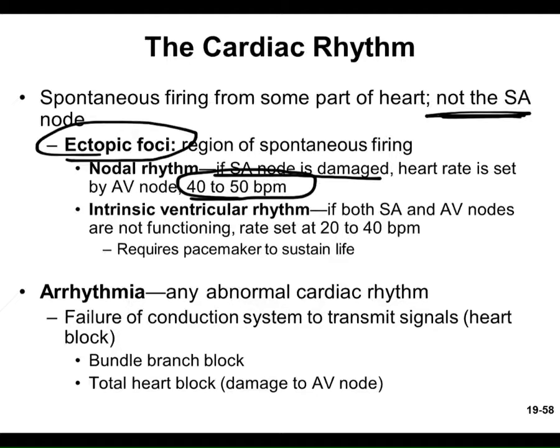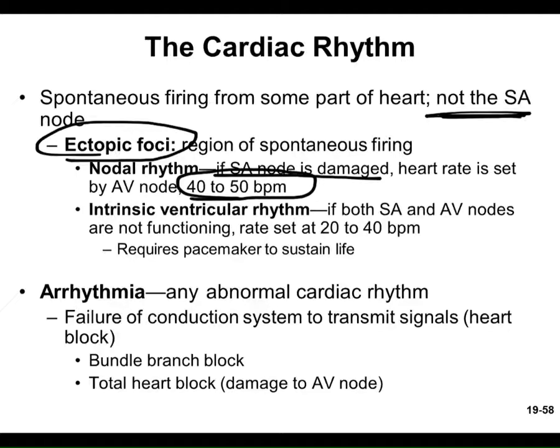So the SA node normally fires about 75 times a minute. If it gets damaged, then the AV node itself will fire, but it fires more slowly, only between 40 and 50 times a minute. So if you take the SA node out of the picture, the AV node will continue to fire. Why don't we normally see the 40 to 50 of the AV node?